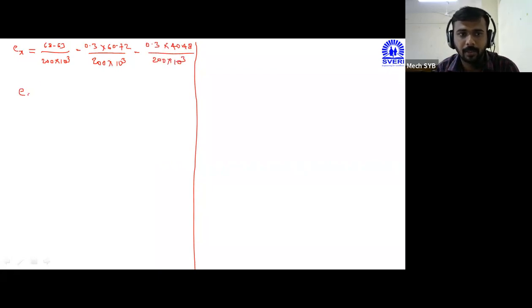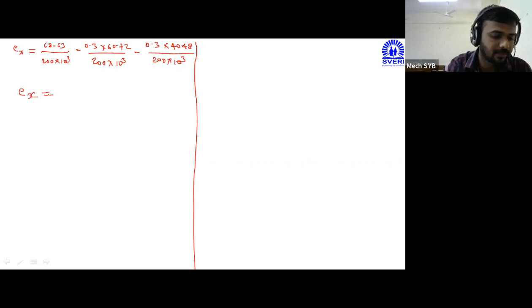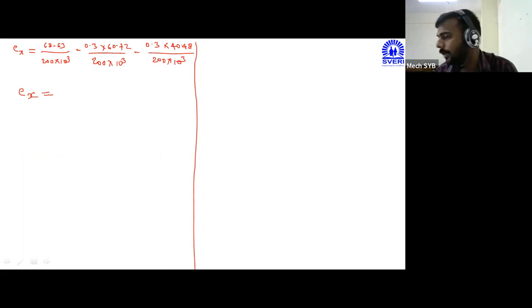So here you will get epsilon x. This calculation is very important now. Epsilon x value, this calculation is very, very important.